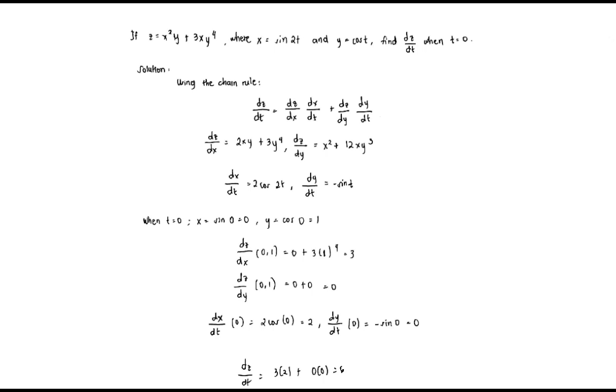And for dz/dy at (0, 1), we have 0 plus 0, which is 0. Our dx/dt at 0 is 2 cosine 0, so it equals 2. And dy/dt at 0 is negative sine 0, which is 0. Thus, our dz/dt is equal to 3 times 2 plus 0 times 0, which is equal to 6.